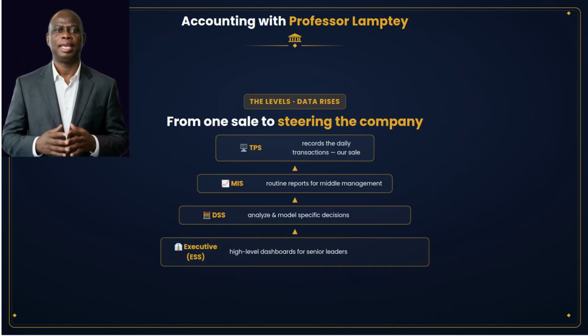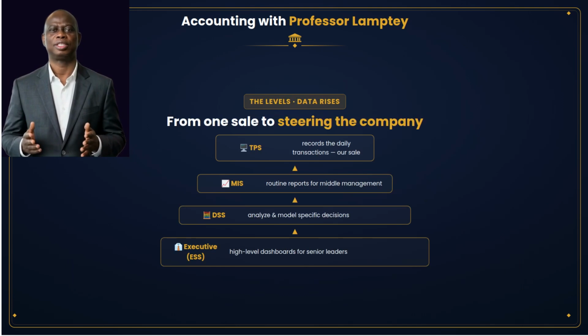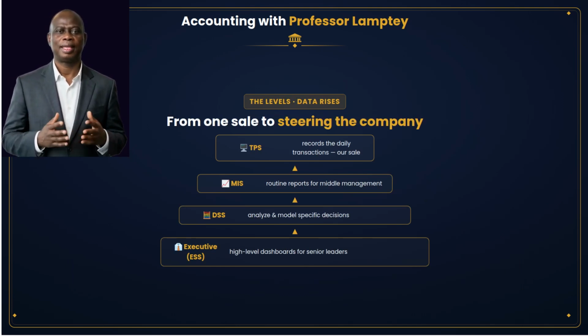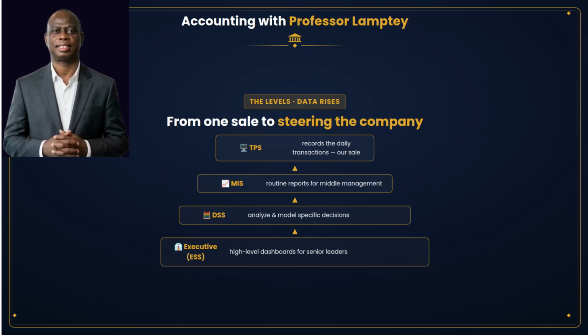Now zoom out. Information rises through an organization in levels, and each level has its own kind of system. At the base is the transaction processing system, the TPS. It records the daily transactions, like our sale. Above it, the management information system, the MIS, turns those transactions into routine reports for middle managers.